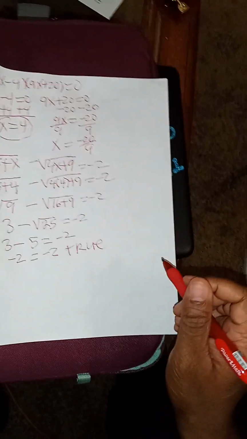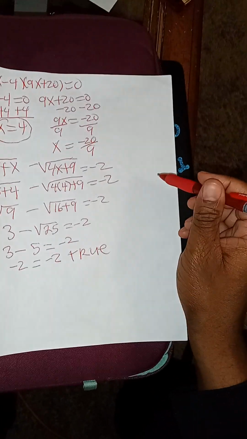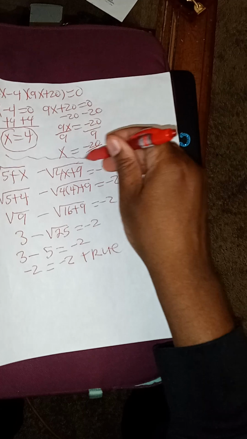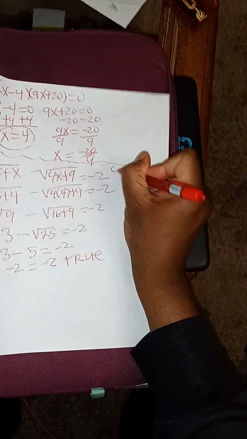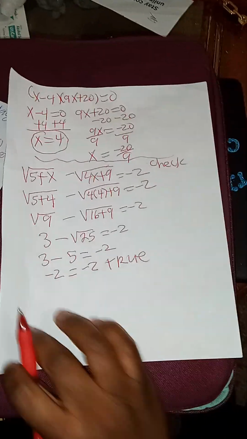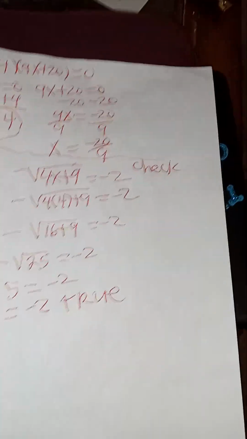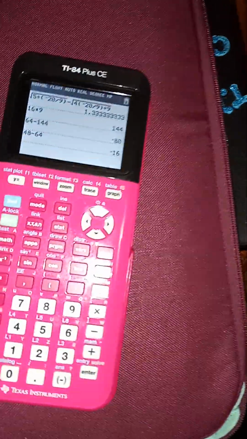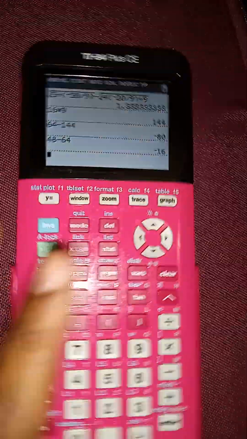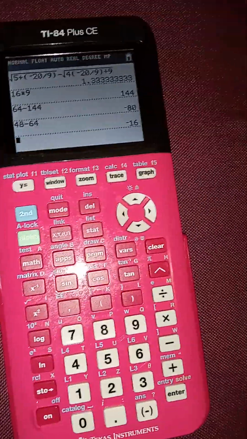Okay. And now we have to check the other solution of negative 20 over 9. And let's verify on our calculator. So let's input this on the calculator and we can verify as well.